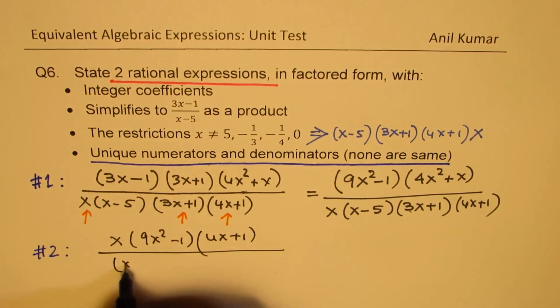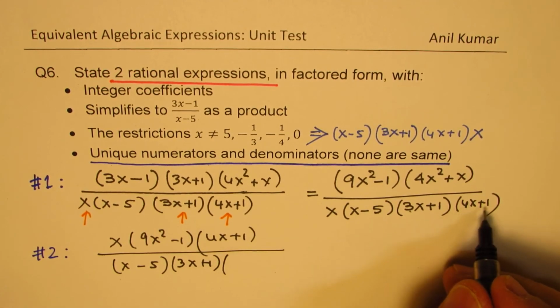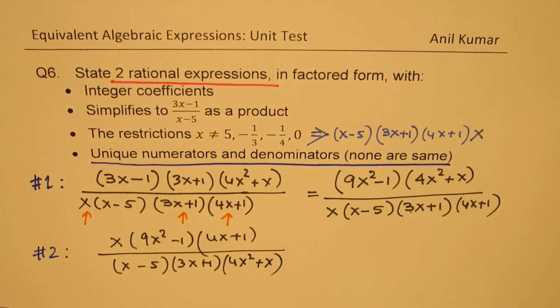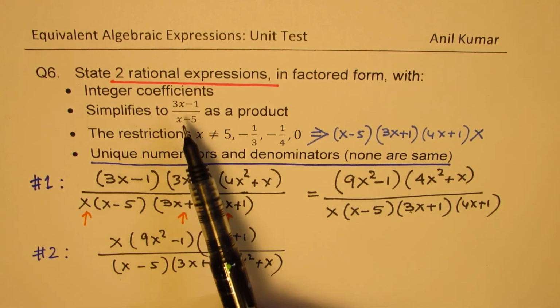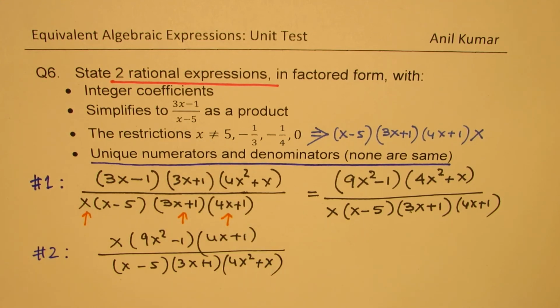And in the denominator, we'll have x minus 5 times 3x plus 1 times, I'll write this as 4x squared plus x. Does it make sense to you? So these two rational functions, they will simplify to 3x minus 1 over x minus 5. And both of them will have the required restrictions. Is this part clear to you?